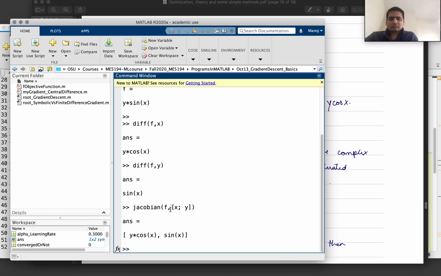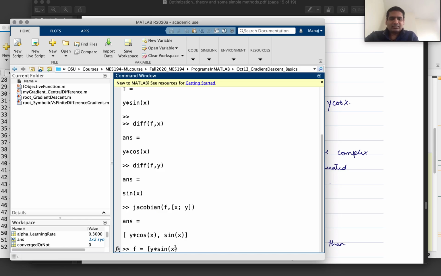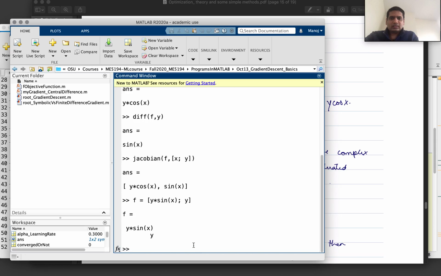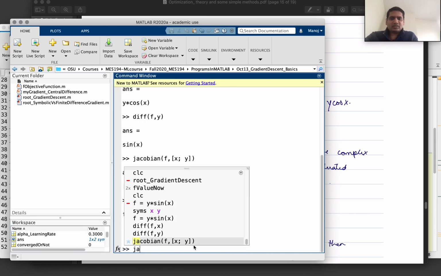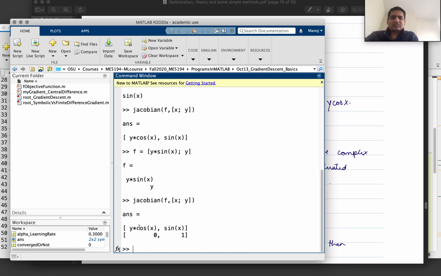Okay, so yeah. So if f was something like that, and then we went Jacobian of f x comma y, then it gives us, well, I guess in this case the gradient is actually each row.